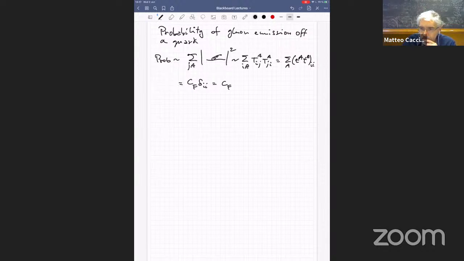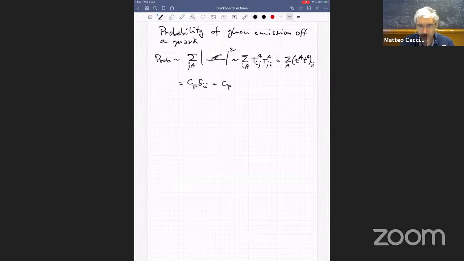If I had summed over i I would have got a 3, and then I had to divide by 3 again, so I would have got the same result. So this tells me that the probability of gluon emission is proportional to C_F, other than the usual coupling and all the other Lorentz structure. And so you see why this C_F, this Casimir of the fundamental, can also be seen as a color factor.